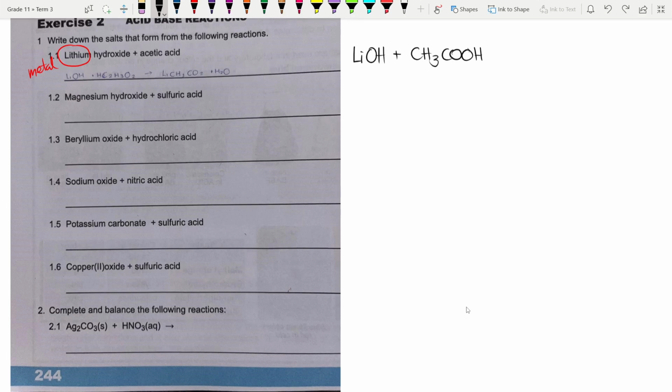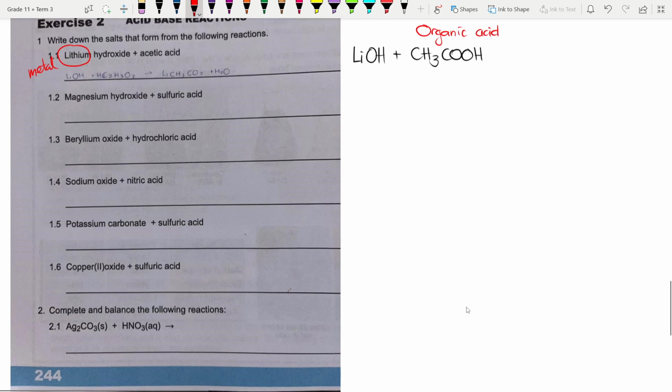And then I can ask a question: is acetic acid a diprotic, a monoprotic, or triprotic, or even tetraprotic acid? In other words, how many protons do you think acetic acid is going to donate? It's triprotic. Okay, you think it's tri. This is called, in grade 12, you're going to do this, an organic acid.